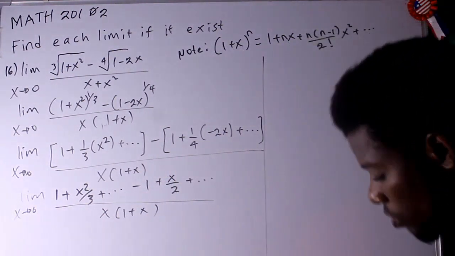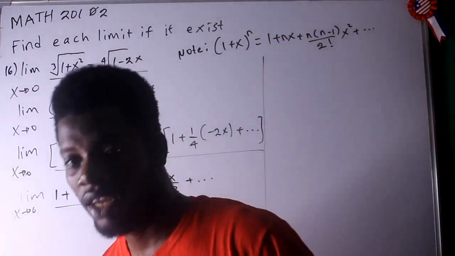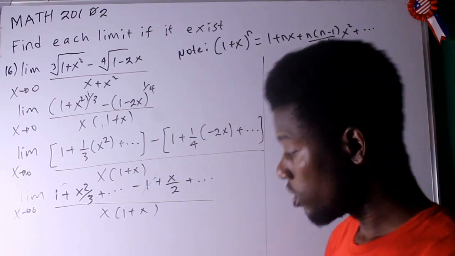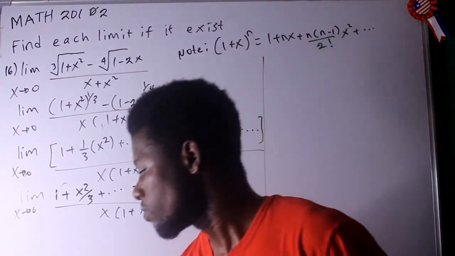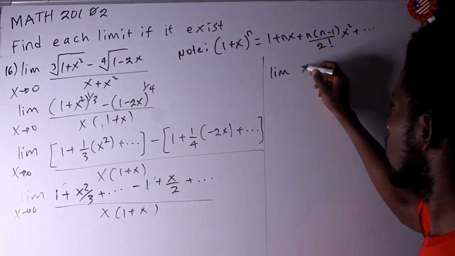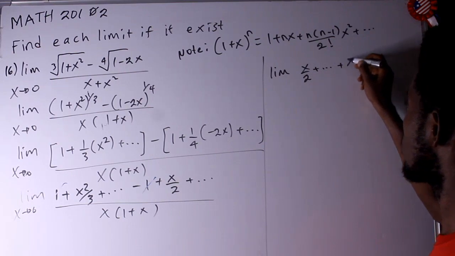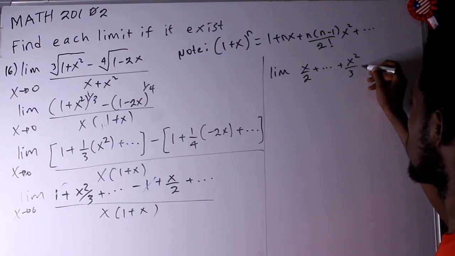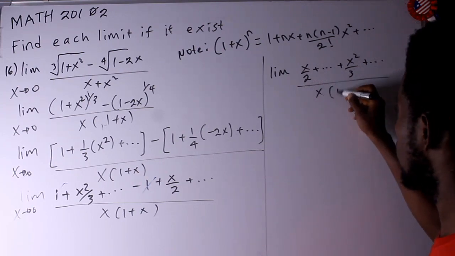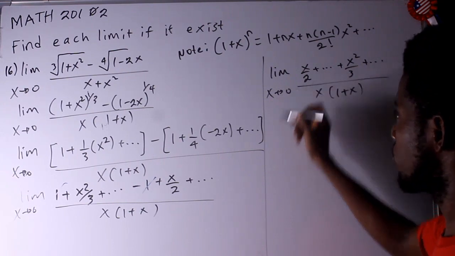So this positive 1 and this negative 1 are going to cancel out, and then we only have x over 2. So we have the limit of x over 2, and then plus x squared over 3 plus dot dot dot, all divided by x times 1 plus x as x approaches 0.